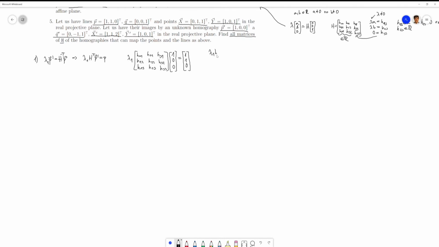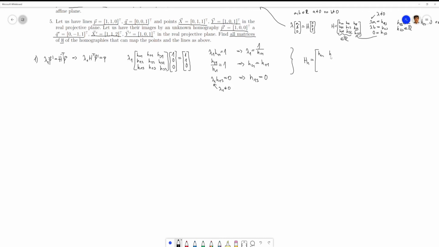Therefore lambda 1 h11 equals 1, which can also be said as lambda 1 equals 1 over h11, and h21 divided by h11 equals 1, which also means that h21 equals h11. Because lambda 1 is a non-zero value, we have lambda 1 times h13 equals 0, so h13 equals 0.